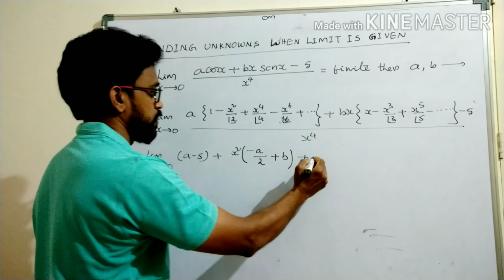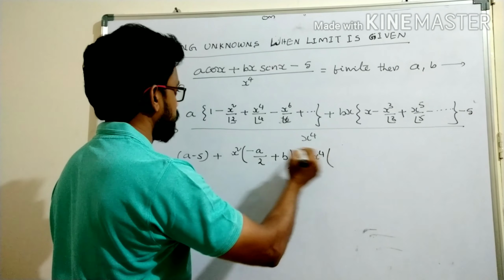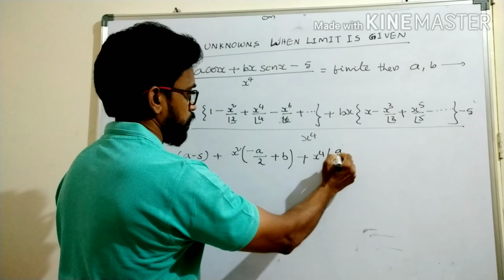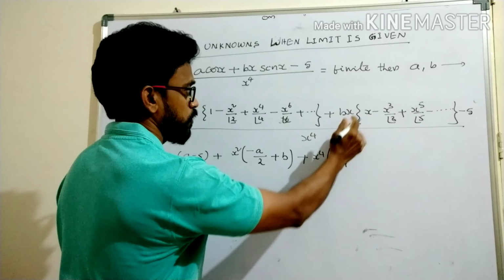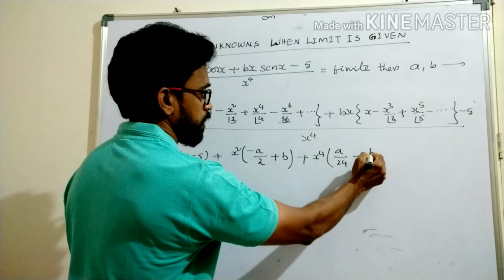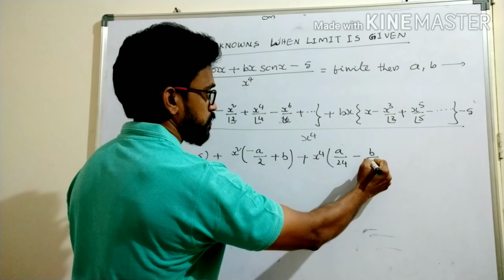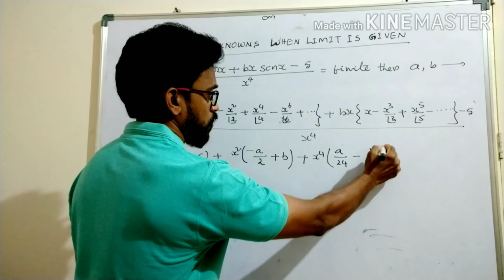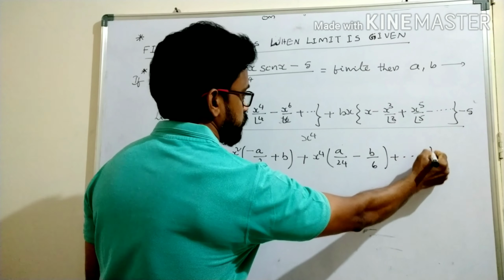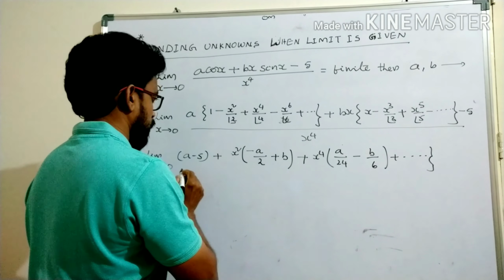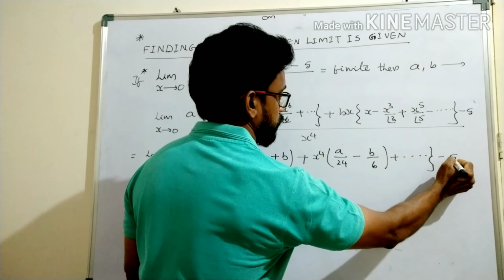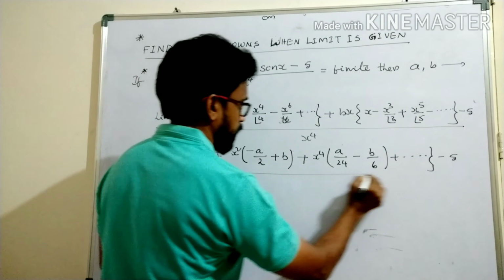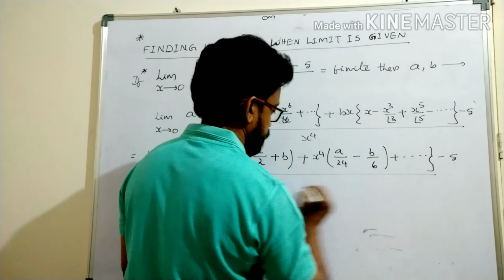Now you should take common x power 4 into (a by factorial 4, which is 24, minus b by factorial 3, which is 6), close, plus and so on, minus 5, whole divided by x power 4 is finite.